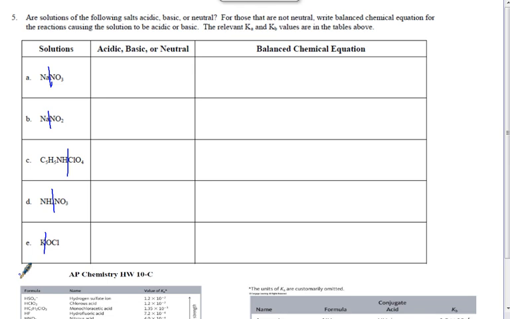We've hit NaNO3 a couple times. Sodium, we've gotten pretty good at realizing that group 1 metals, their conjugates are hydroxides. They're potassium hydroxide, sodium hydroxide. So this side's really weak. The other side might be stronger. What, however, is the conjugate of NO3?